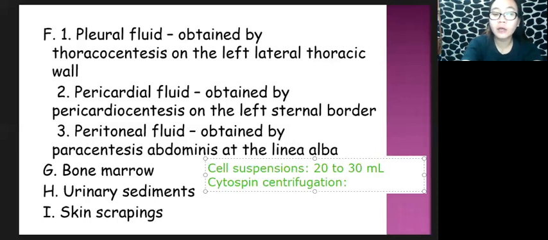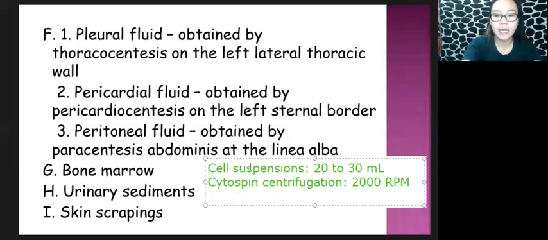This serves to concentrate the different cells which are found in your sample. The required centrifugation is 2000 RPM. Okay, 2000 RPM.